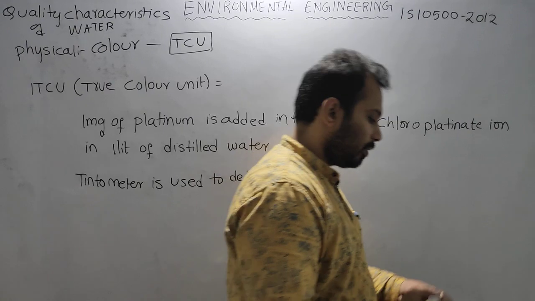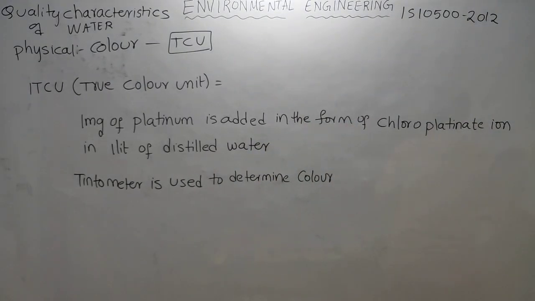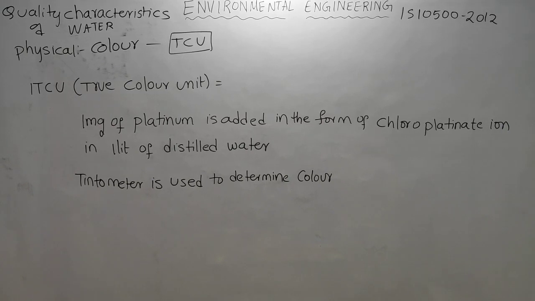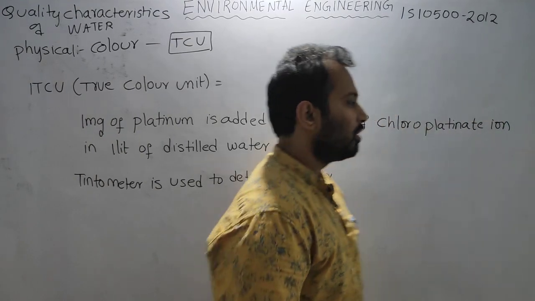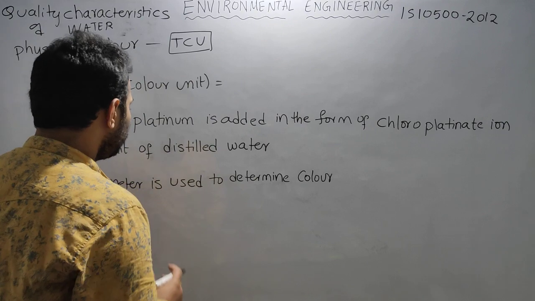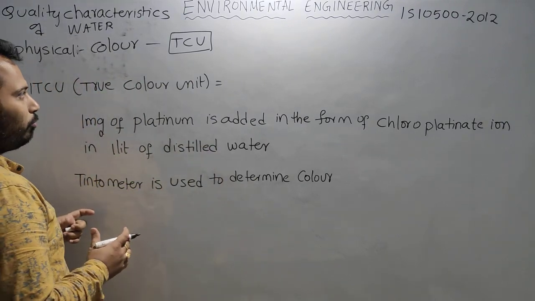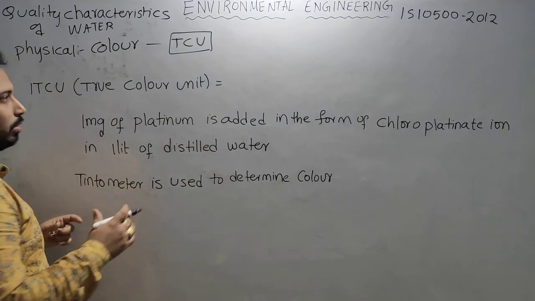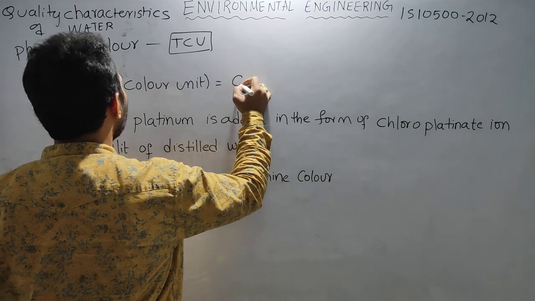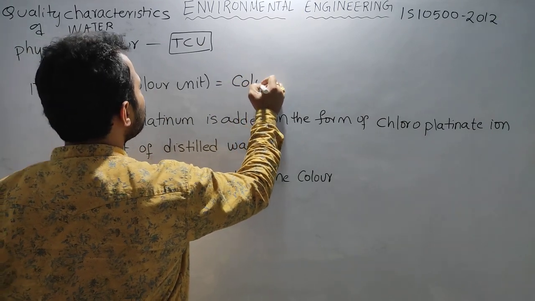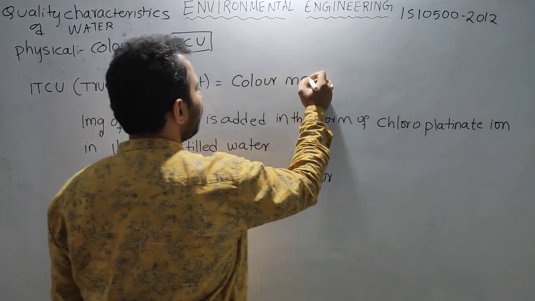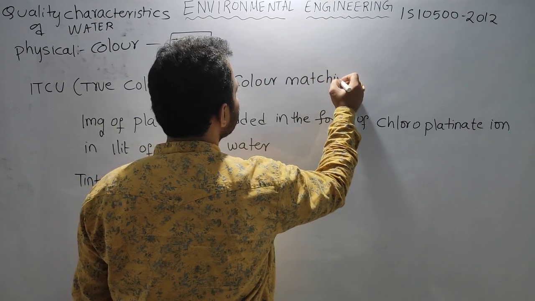How we perform this test is we take Nessler tubes. The Nessler tubes' role is to compare the water. So in the tintometer we perform the color matching technique, and we find the color using the color matching technique.